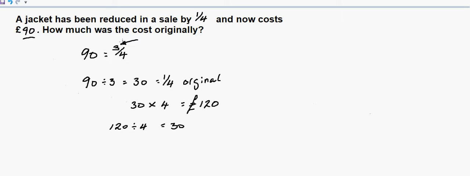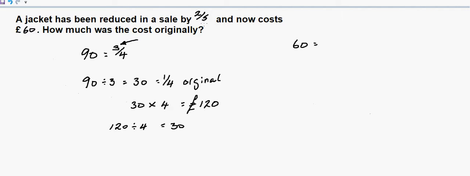So if I change the question and let's say something's been reduced by 2/5 and now costs £60. That 60 represents the remainder.